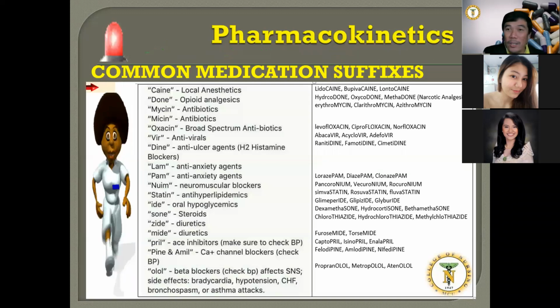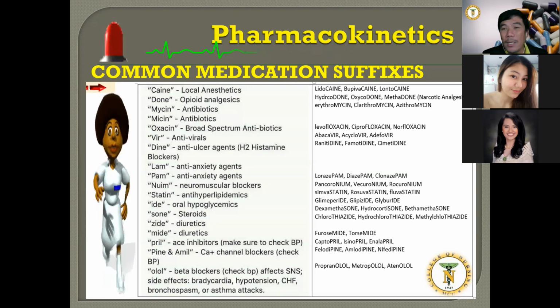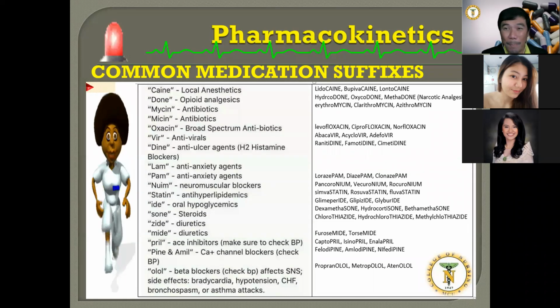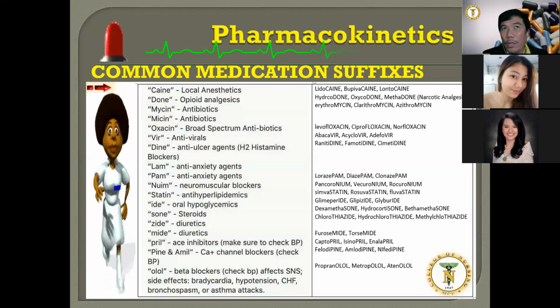However, nurses, you need to take into consideration that when you administer aluminum hydroxide, one of the side effects is constipation, and when you administer magnesium hydroxide, one of the side effects is diarrhea.